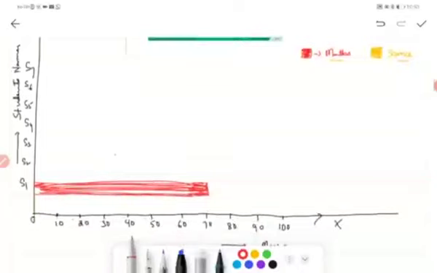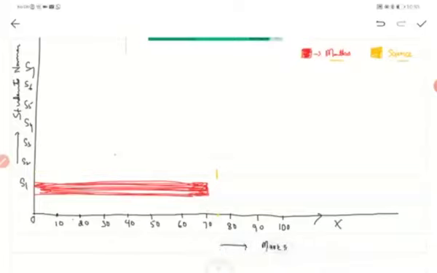And 75 are science marks, so I need to take the yellow one. 70, and here the units, it will be 5 in the middle, so this will represent the science marks of student 1.